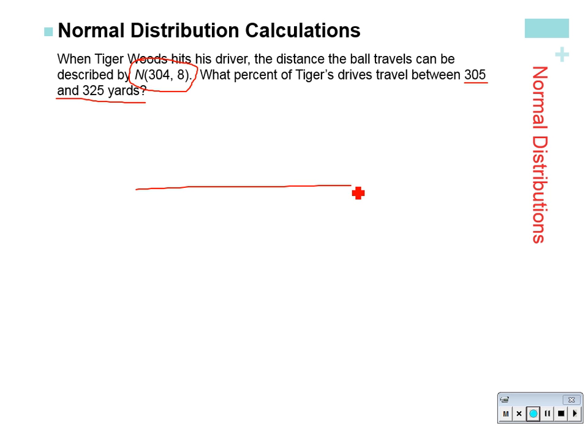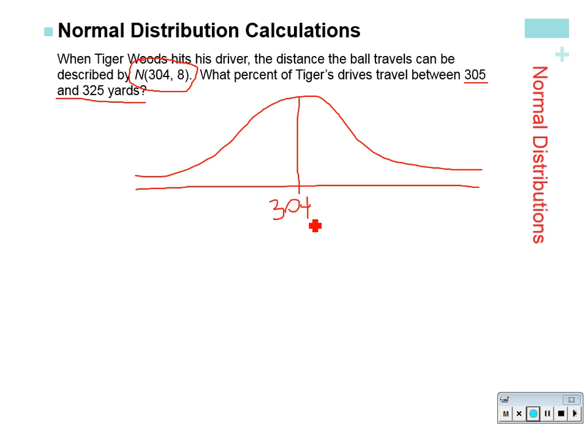So once again, I'm going to draw my normal curve first. Right here is 304 down the middle. So 305 might be right about here. And then if I draw just one standard deviation from the mean, this is going to be 312.